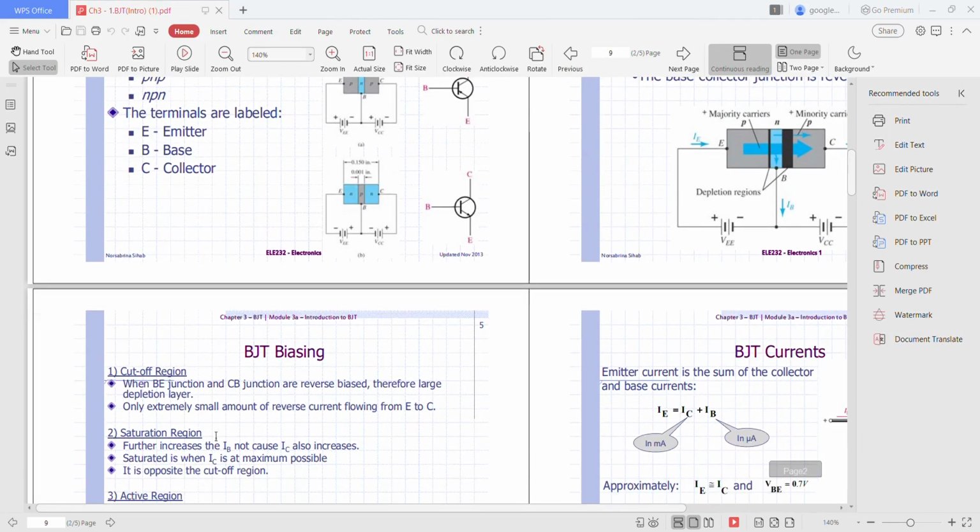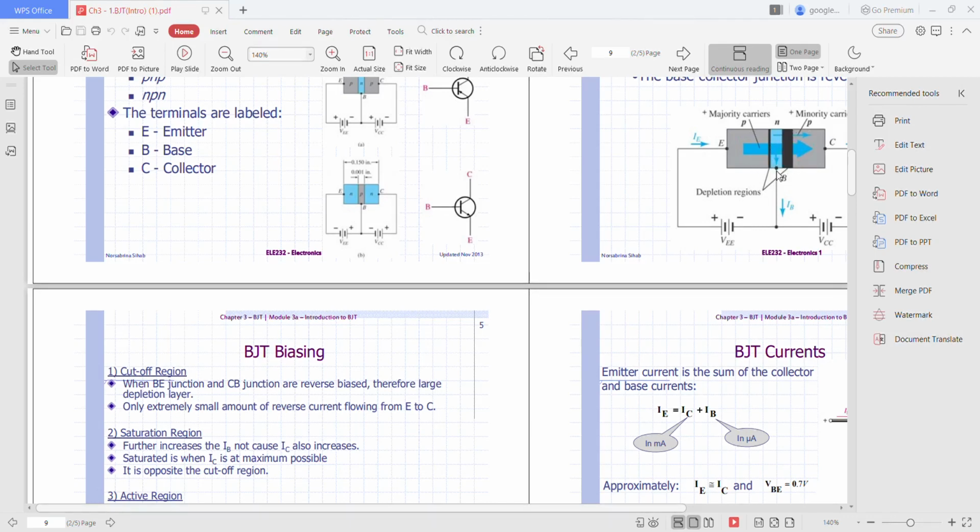Only an extremely small amount of reverse current flows from E to C, because of the large depletion layer.